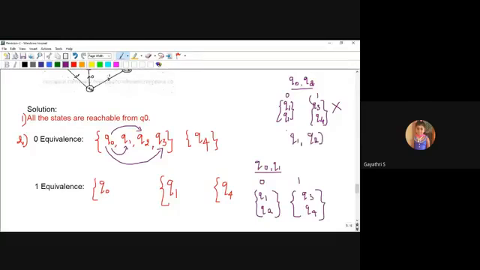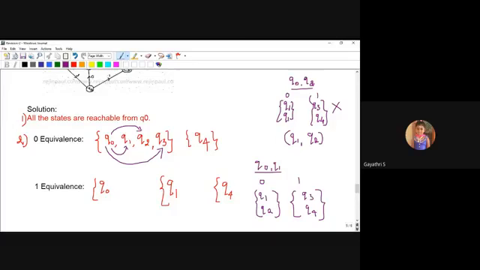In the first step, check whether all the states are reachable. In the second step, 0 equivalence, divide the group based on final and non-final. In the first equivalence, in the first step, Q1 is separated. In the second step, Q2 is separated, so I will check whether Q2 makes a group with Q1 or not.